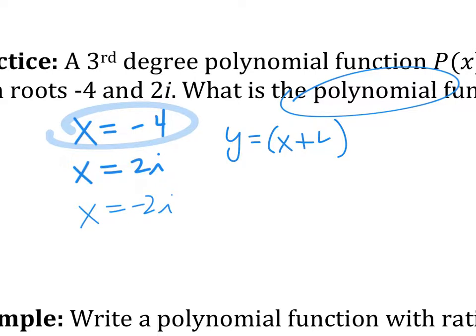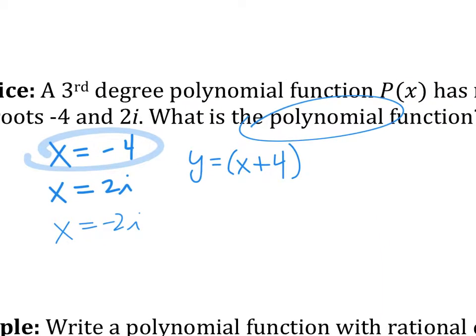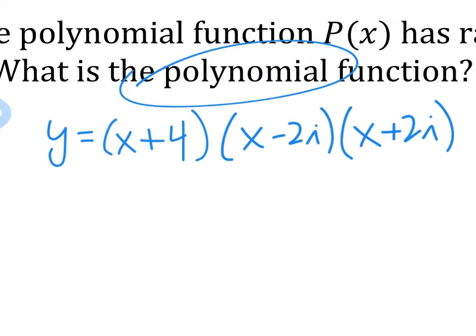So x minus negative 4, so x plus 4. If the root is x equals 2i, what must be the factor? X minus 2i. If the root is minus 2i, what's the factor? X plus 2i. Okay, now we're going to multiply them all together.